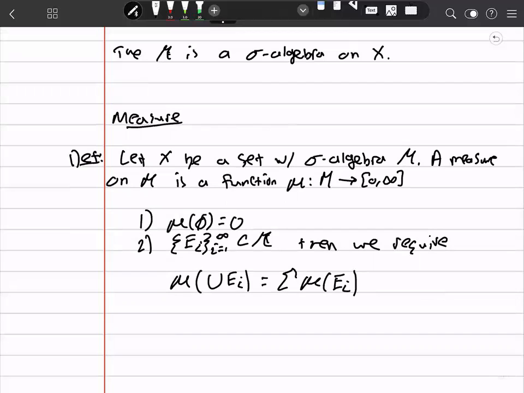This is called countable additivity. These two conditions are what makes mu a measure.